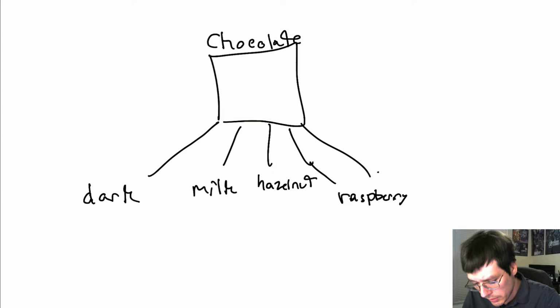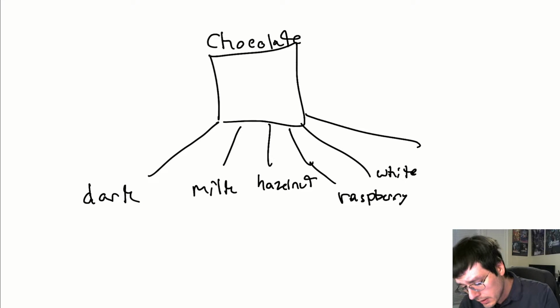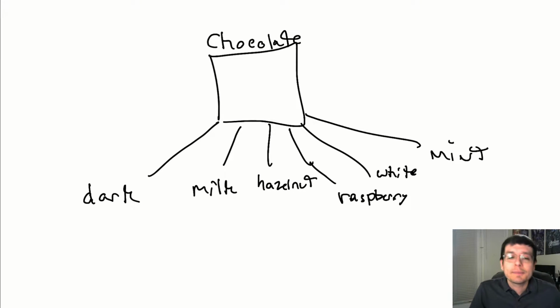And then you have white chocolate, which I guess is not really chocolate, apparently. I didn't know that until I looked it up on Wikipedia. And then of course we have mint as well. So there we go, we got 2, 4, 6. Okay, so these are going to be classes of their own, but they're going to inherit from the superclass, which is going to be chocolate.